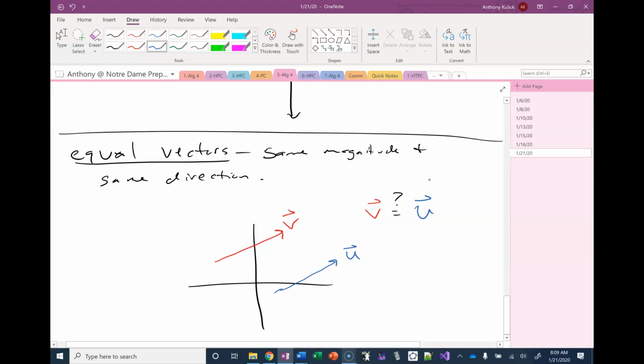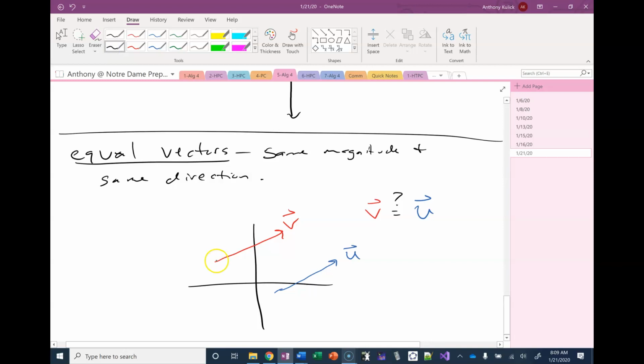Okay, that'll just tell me if the magnitudes are the same. What if I compared their component forms? If they have the same magnitude and direction, what will their component forms be? The same, right?